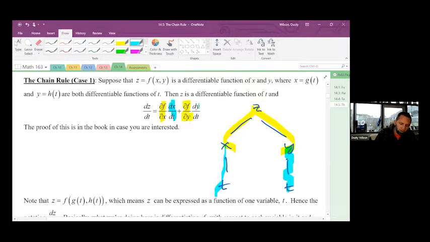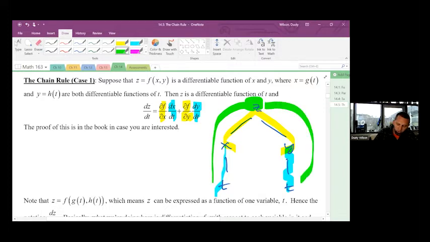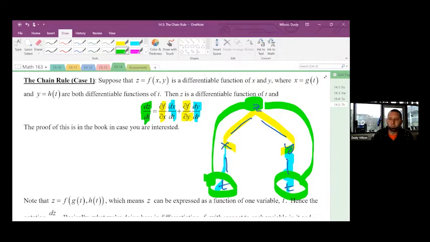So we have dx dt and dy dt, and all told, our z, even though it has intermediate variables, has only one independent variable t, and so again, we have dz dt. And this is called a tree diagram. We'll talk about them a little bit more later, but I'm going to introduce them right from the get-go.